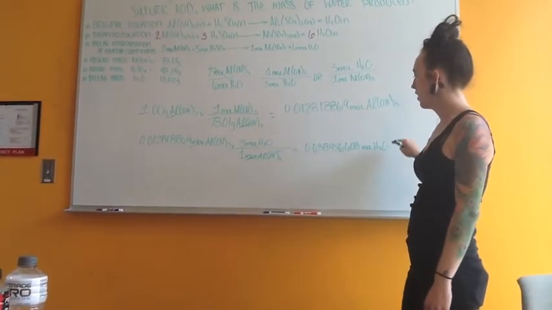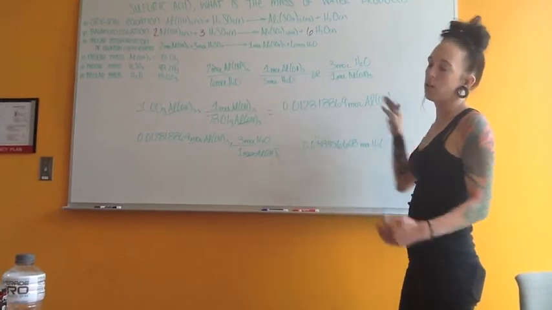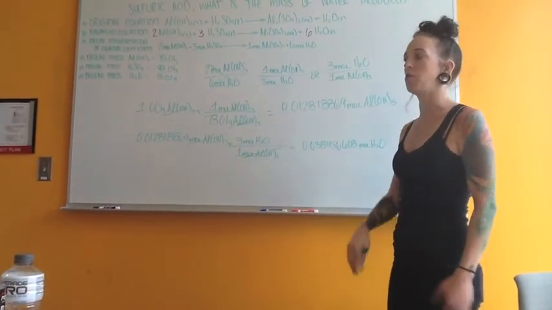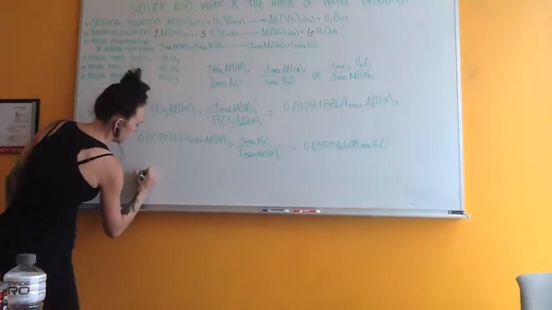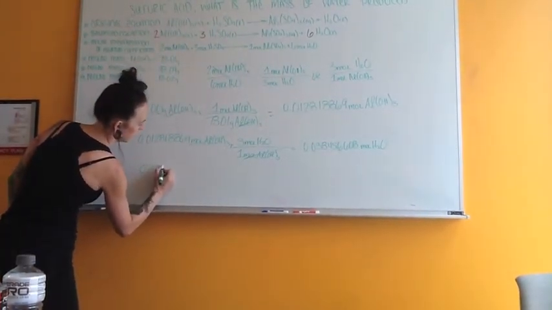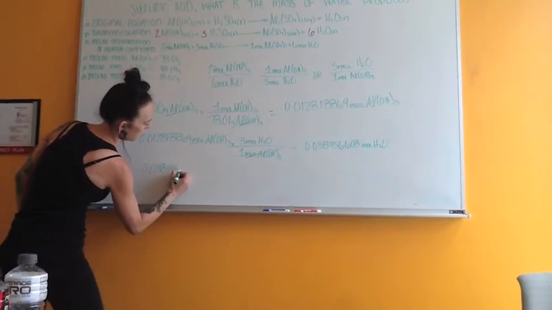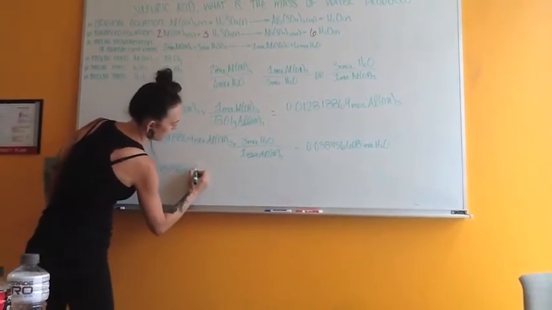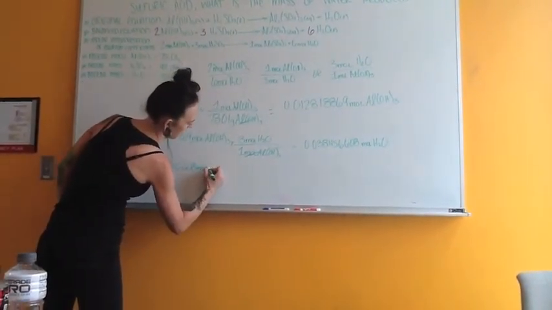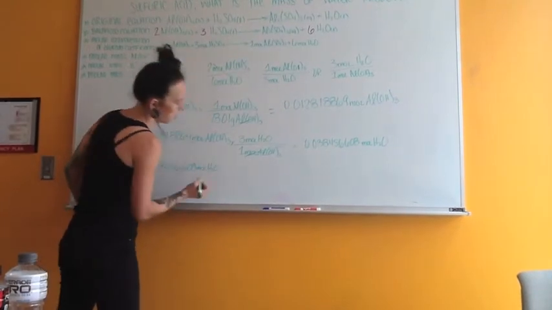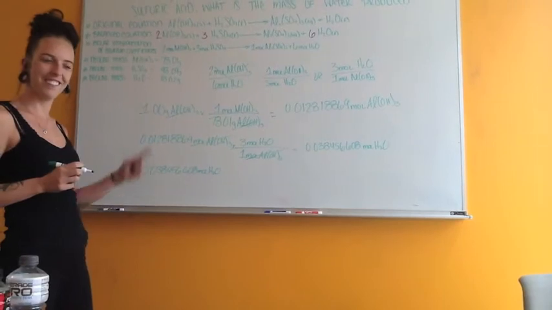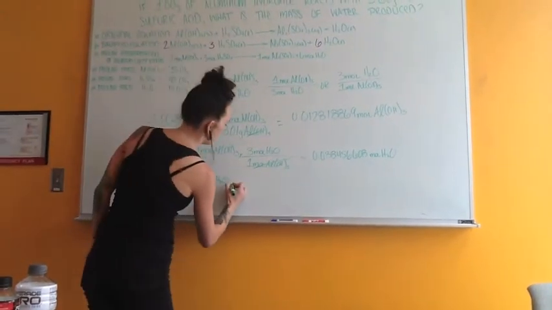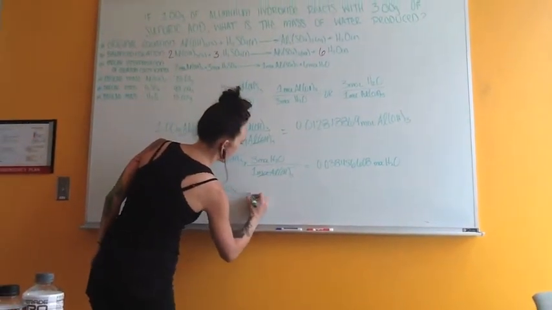And then finally we're going to take our moles of water and transfer into grams of water, which is ultimately what we're trying to find. So rewrite this. And we're going to use the molecular mass ratio one more time, but this time it is going to be the molecular mass of water.